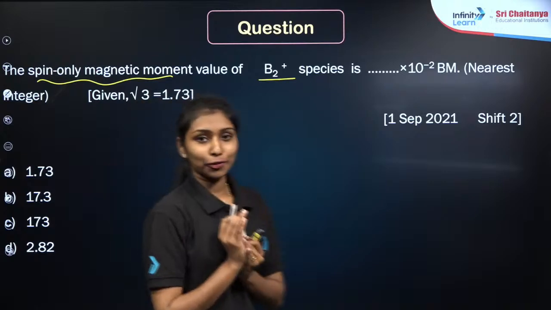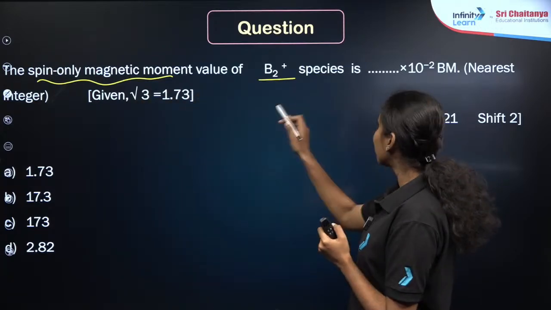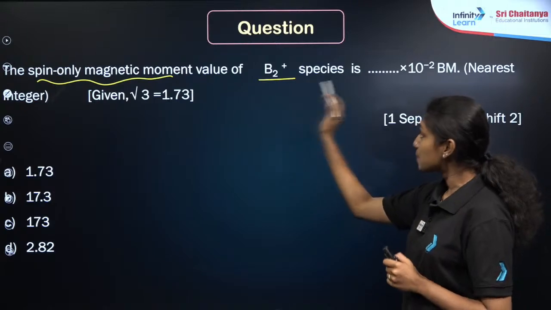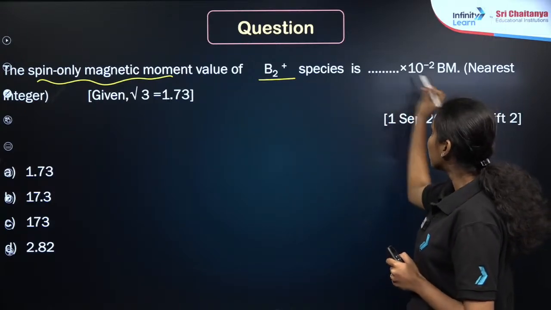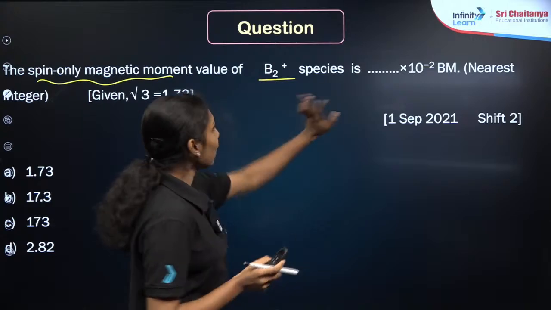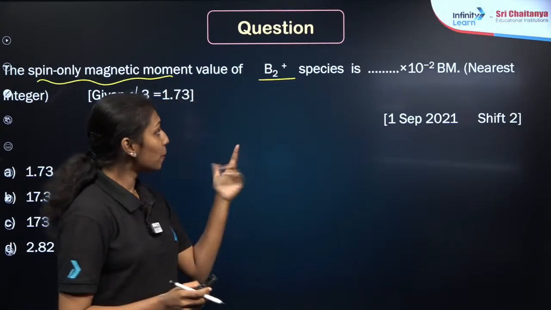Read the question carefully, some mistakes will happen. It is given that the spin-only magnetic moment value of B2 plus species is dash into 10 to the power minus 2, which means that this will not be a decimal point, right?